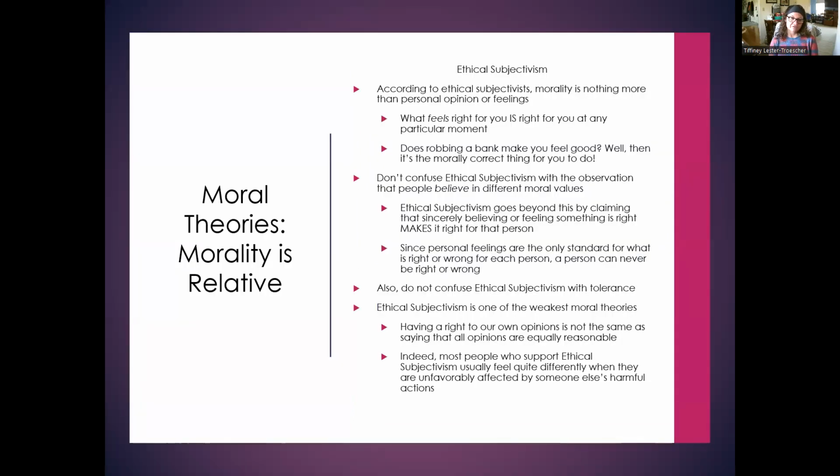All right, so in our first group of moral theories, we're looking at the relativists, where morality is relative. Our first type of moral relativist is the ethical subjectivist. According to ethical subjectivists, morality is nothing more than personal opinion or feelings.